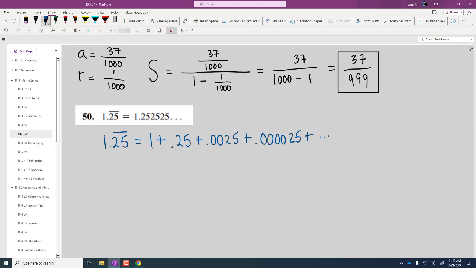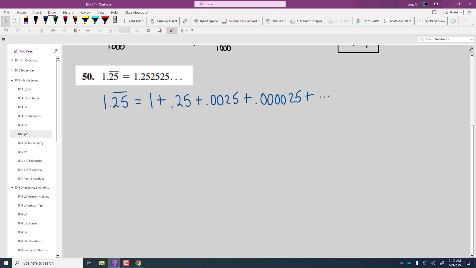And then we'll add 1 to that in the end. So this is going to be 1 plus, and we are going to do an a over 1 minus r just for this part. So we're going to look at that part.